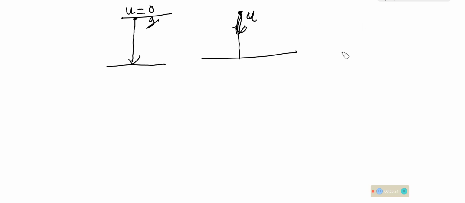And if we throw an object vertically upward, then this is also a 1D motion. It will go up to some height because the gravity is downward and velocity is upward.